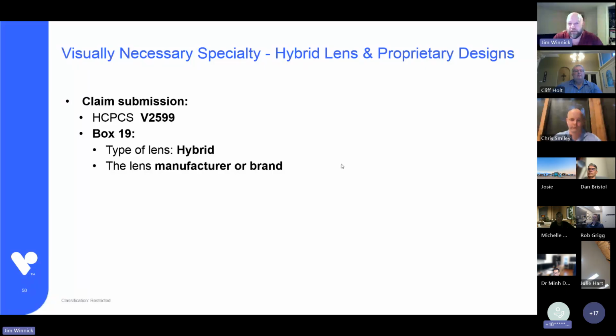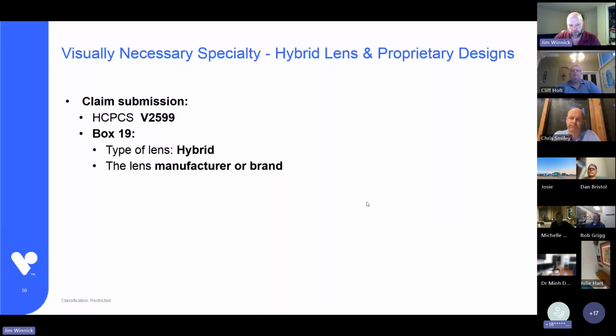Other areas that fit into this, it says up there at the top, proprietary designs. So if you're fitting specialty lenses that are specific for keratoconus, such as a Rose K lens, or other proprietary designs that are non-basic spherical or non-basic toric lenses, they would be classified as a V2599 proprietary design.